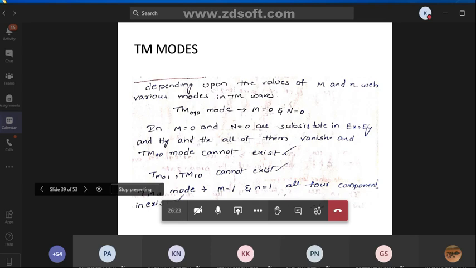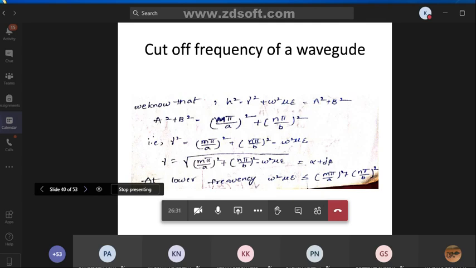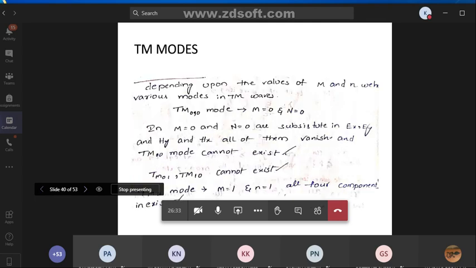So the TM11 mode exists. So we have TM11, TM12, TM21, similarly TM22, right? We don't have TM00, TM01 and TM10. Those are the different modes that occur in TM.